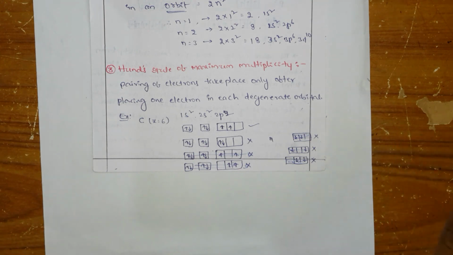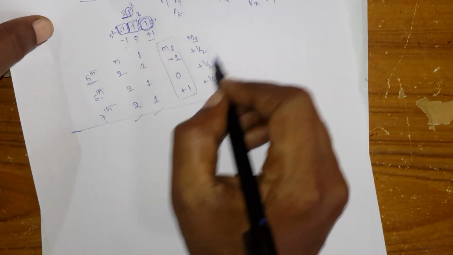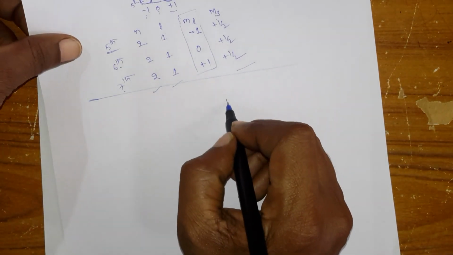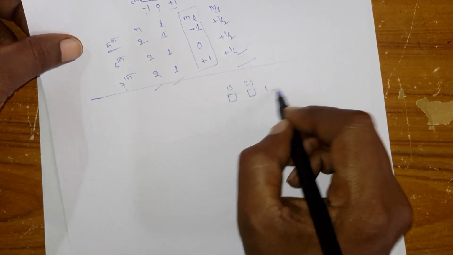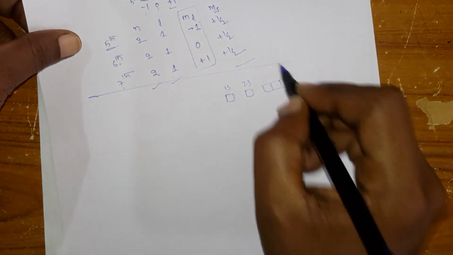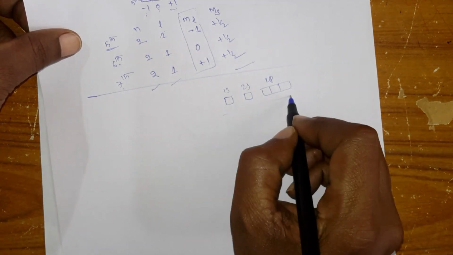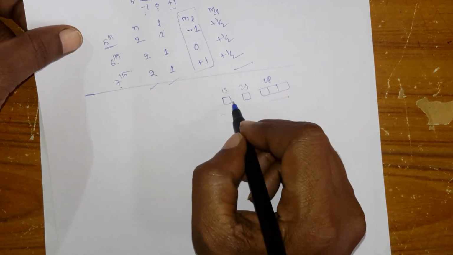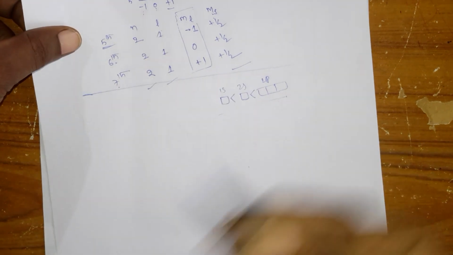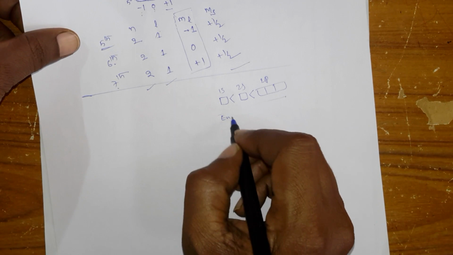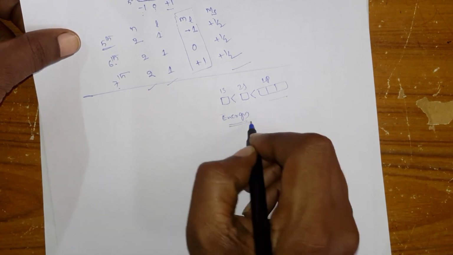Okay, so again you have a doubt, right? Sir, suppose there is a 1s orbital, a 2s orbital, a 2p. Are they degenerate? No. Generally the 1s orbital's energy is lower than the 2s, than the 2p. You learned this in the Aufbau principle, right?